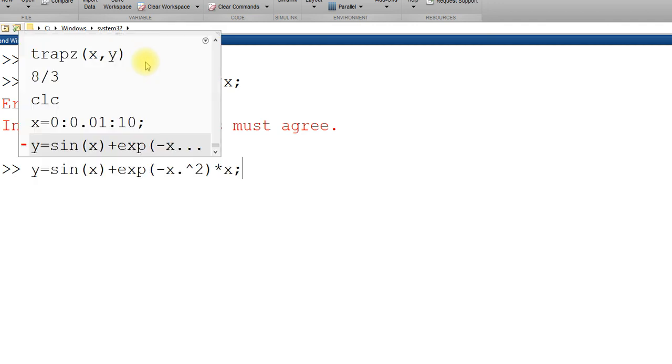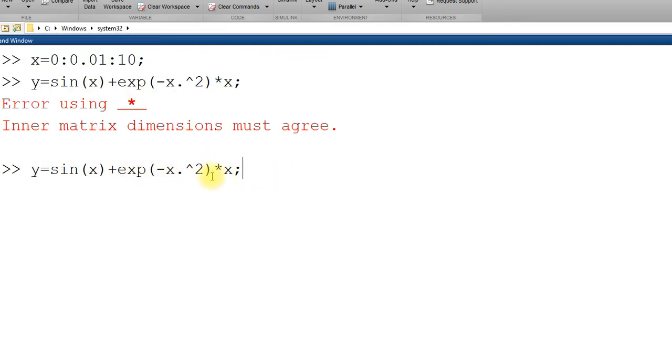Where is the mistake? It's good to have an error so that we understand. Now x is a vector, exponential of it, I put a dot here, and this value will be computed element by element for each x value, and I am multiplying with the vector x again, so I must put a dot here. And that's it. My integral value will be trapz(x, y). This is the integral value.